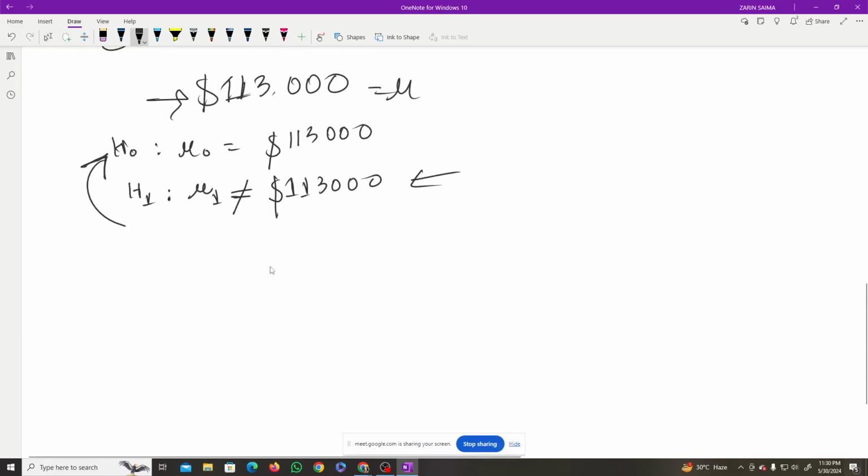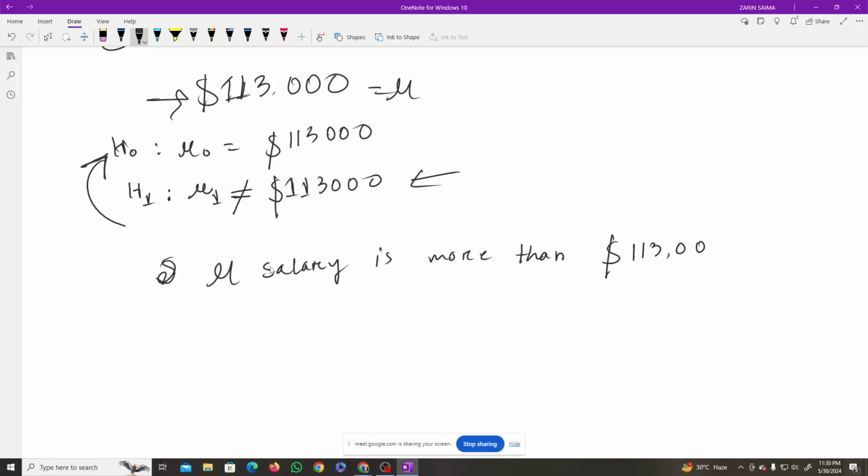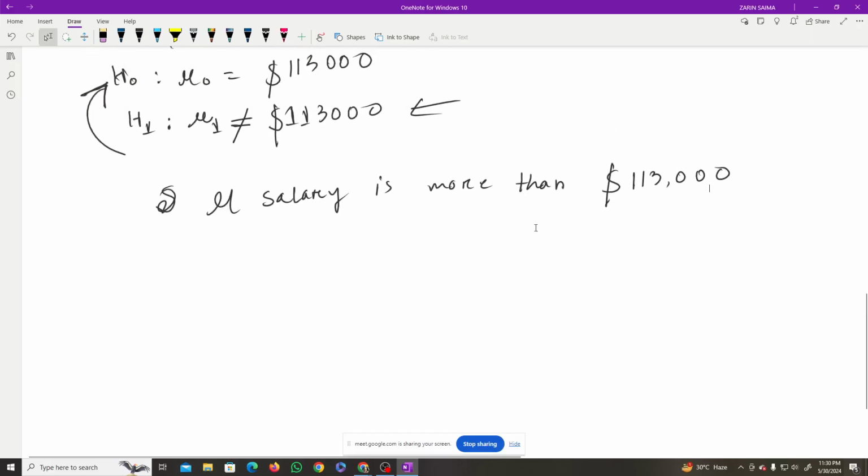The statement is that the mean salary is more than $113,000. So in this case, what would be the null hypothesis and alternative hypothesis?